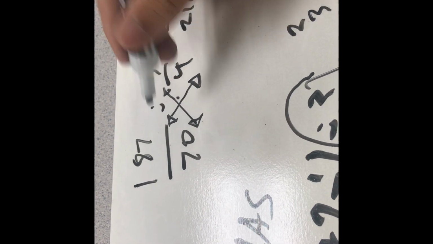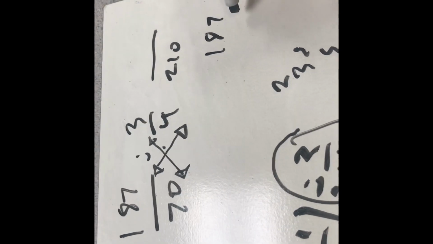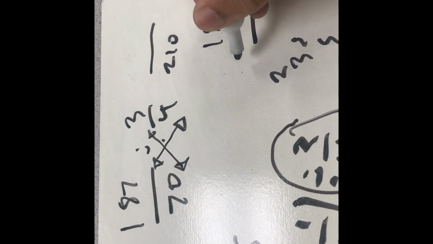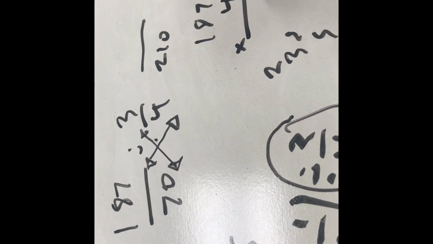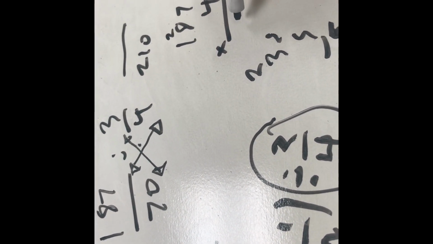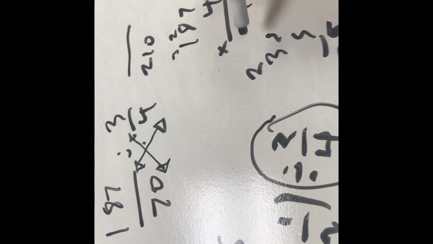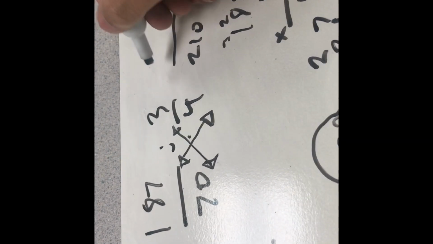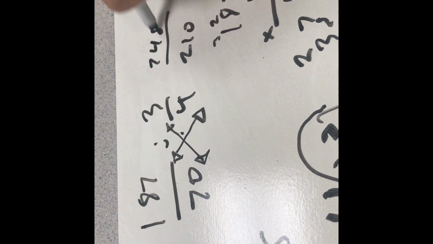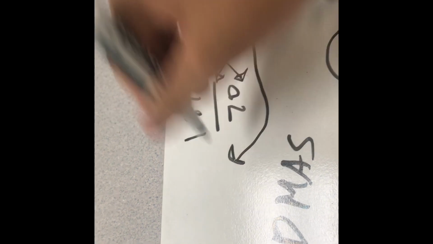And this, I'll quickly calculate. 187 times 4 is 748. But we need to change this to a mixed number.